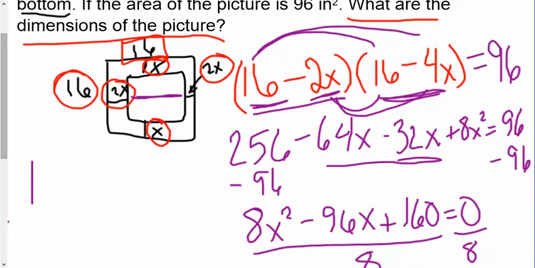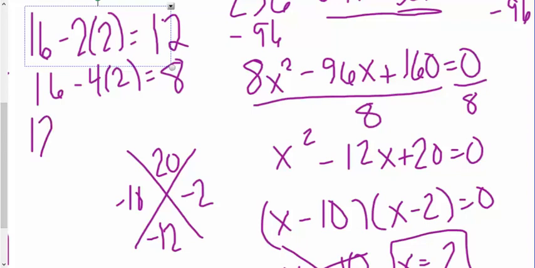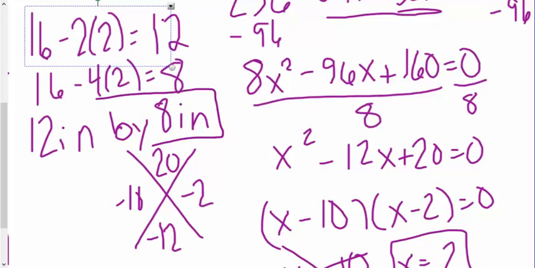We have 16 minus 2 times 2, which is 12, and then 16 minus 4 times 2, which we know is 8. So our picture dimensions are 12 inches by 8 inches. And we can multiply those together and make sure it works, and it does. So good. There's one explained for you.